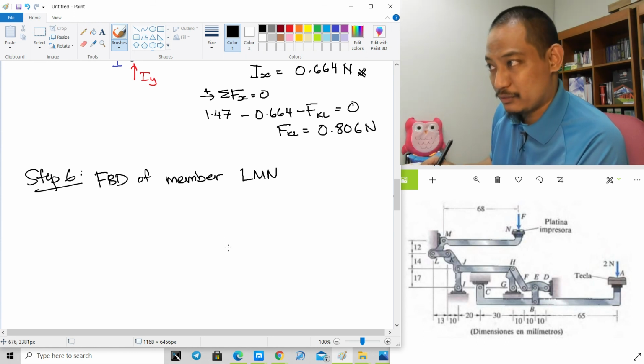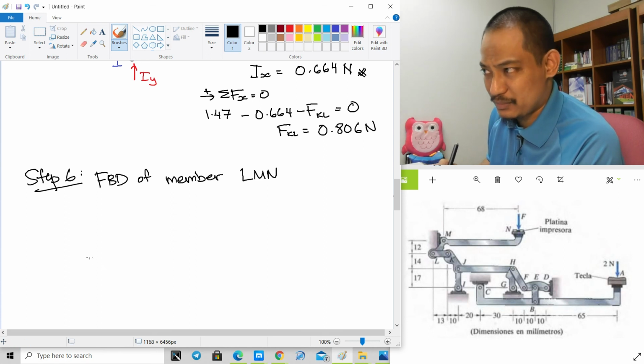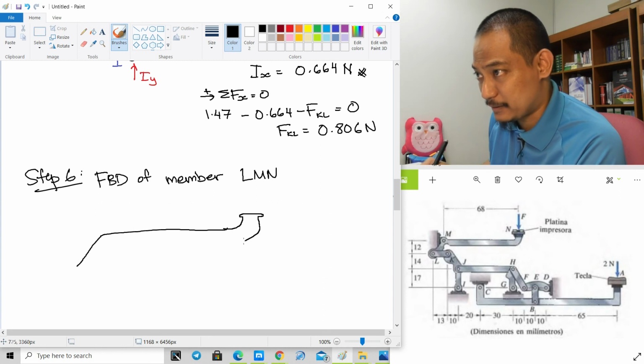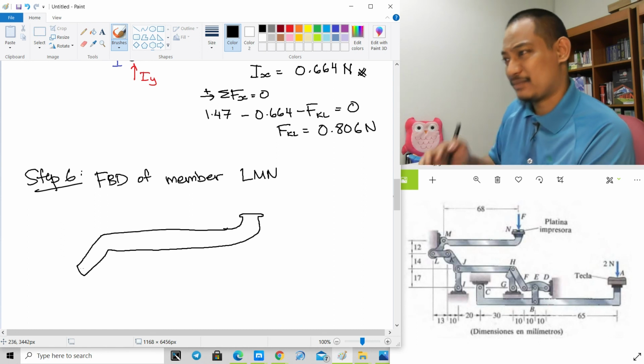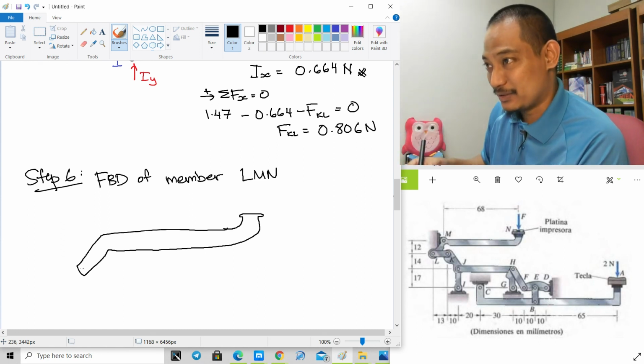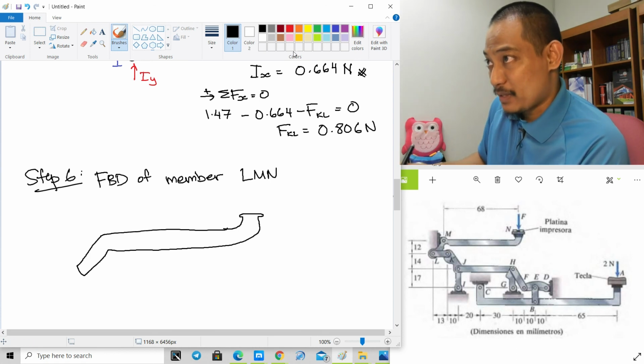So how to draw this? This is something like this one to here to somewhere here on a platform. Something like that. I hope you can relate between the two. Ignore the bad drawing.